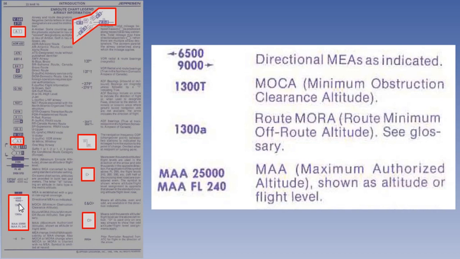Minimum obstruction clearance altitude, MOCA, is a 4-figure number followed by the letter T. Minimum off-route altitude, MORA, is the figure followed by a small letter a. The maximum authorized altitude, MAA, is denoted by the letters MAA, followed by an altitude or flight level.